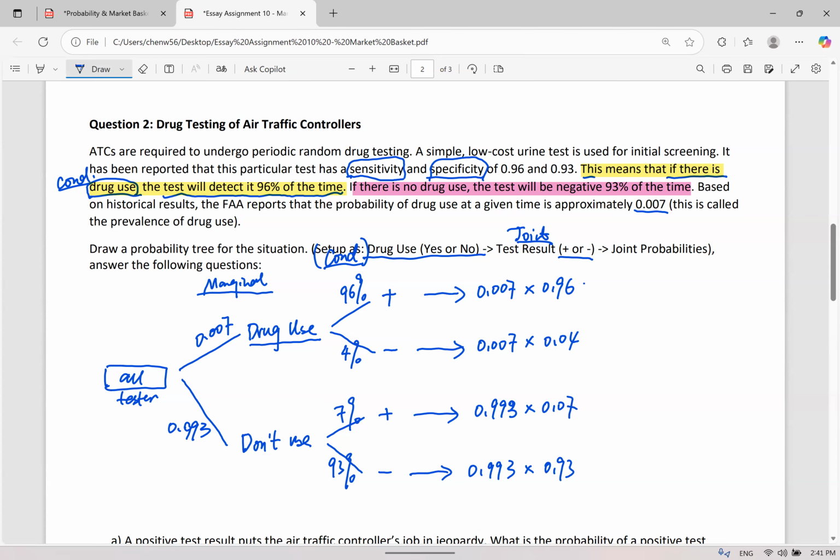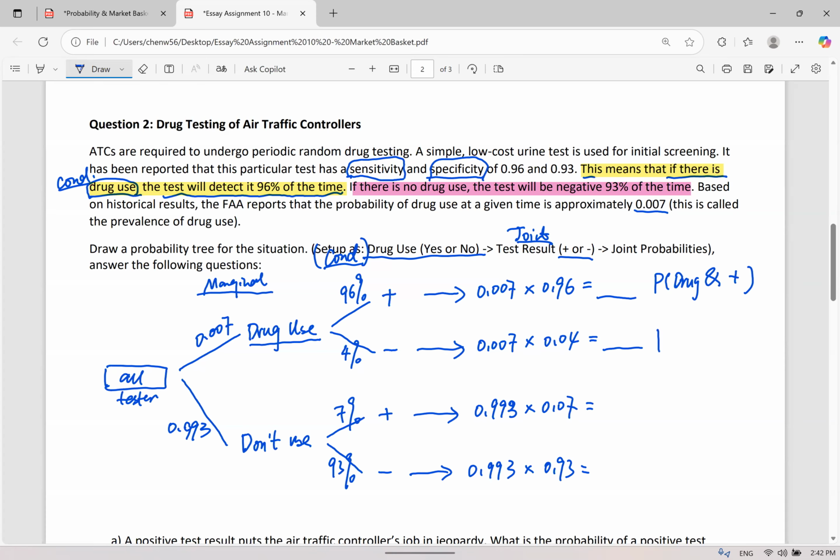Right, so then we have, if you calculate for each one, right? So for example, what is this probability? If you calculate this one out, that is the drug use and got a positive result, right?